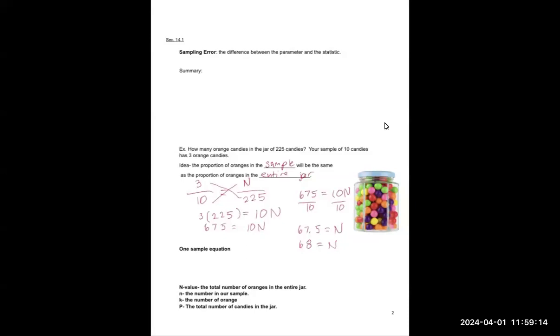All right, one sample, I would call it a one sample sampling problem. And here's the equation for it. This is kind of what we did. The number of oranges that was in our sample we're going to call K. And the number in our sample, you'll see that this is consistent in future statistics classes, is always lowercase n.